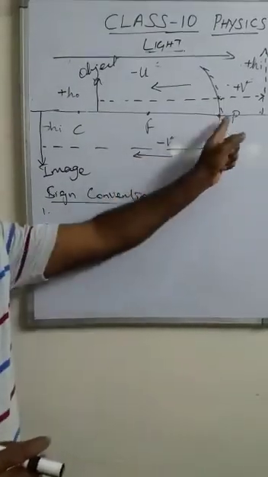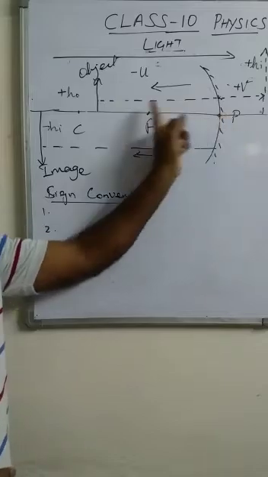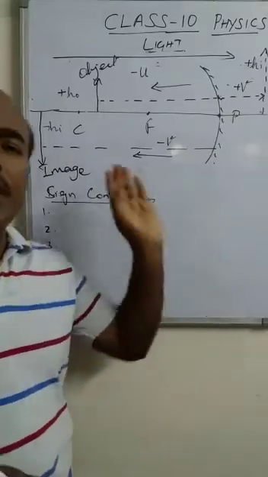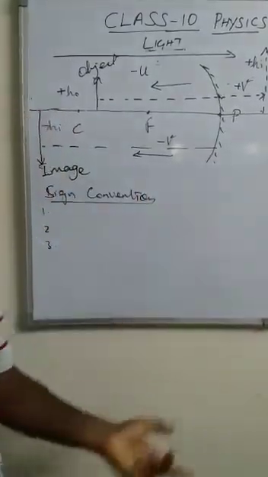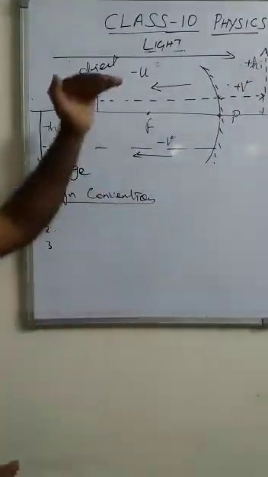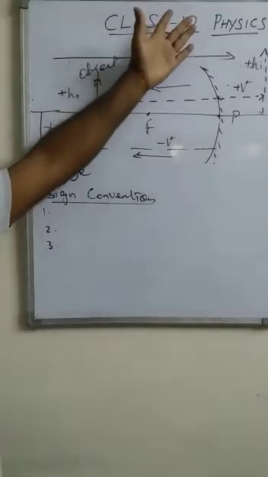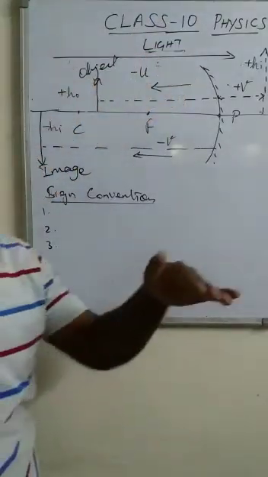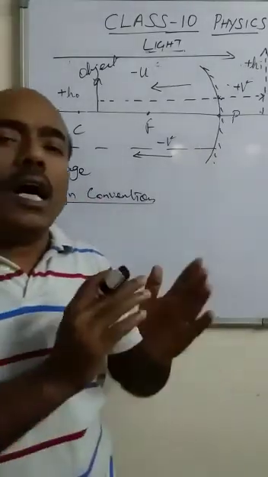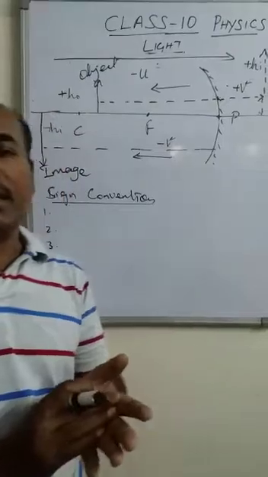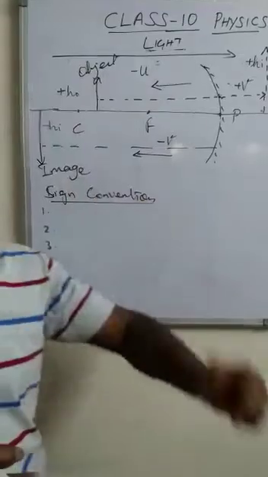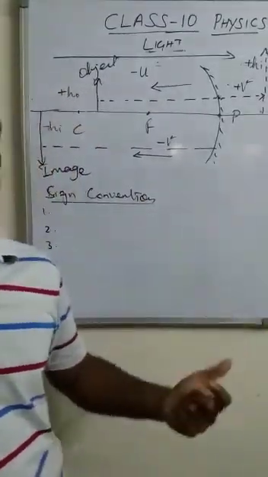So it must be clear about all the three sign conventions. First one, all the distances are to be measured from the pole of the mirror. Second, if a distance is measured opposite to the direction of light ray, it is taken as negative, along the direction of light ray, positive. If the size is measured above the principal axis, positive, and below the principal axis, negative. These sign conventions are very, very important in solving numericals on spherical mirrors by using a formula.